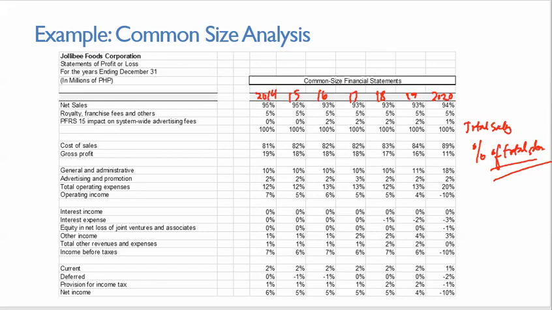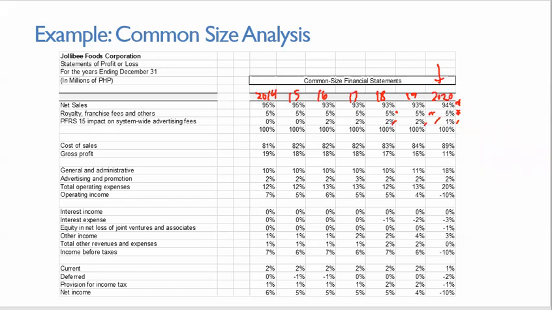If you look at the trends, sales is 100%. The split between net sales, royalties, and PFRS impact is more or less the same. So in terms of the proportion of its revenue sources, it looks consistent. It's not very much affected by the pandemic in 2020. But let's look at other items.